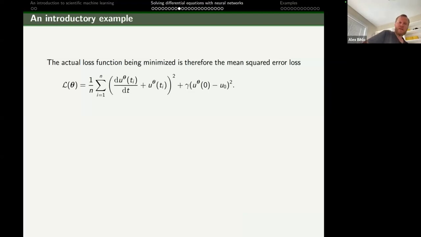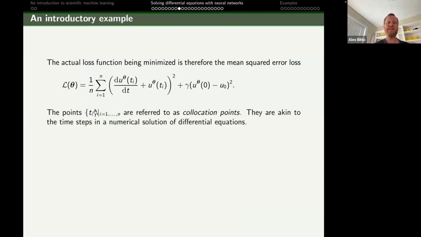So this is, in all its glory, our neural network loss function, which we try to minimize. The t_i would be your collocation points. The more you have, provided you can still minimize this function, the more accurate your solution will become, but the longer the minimization will also take.